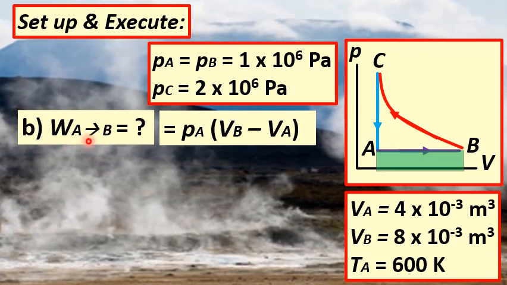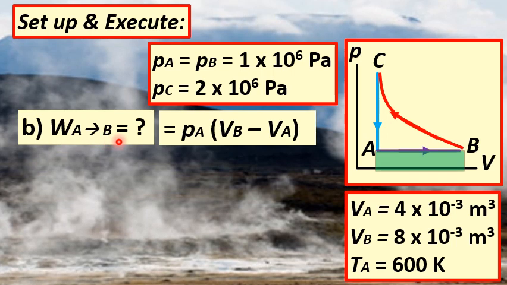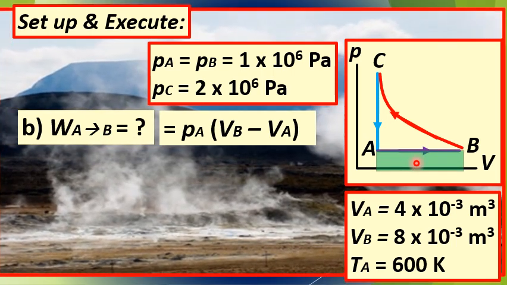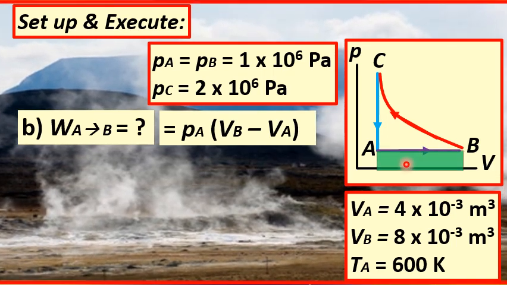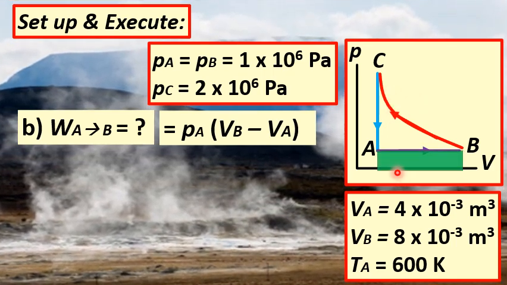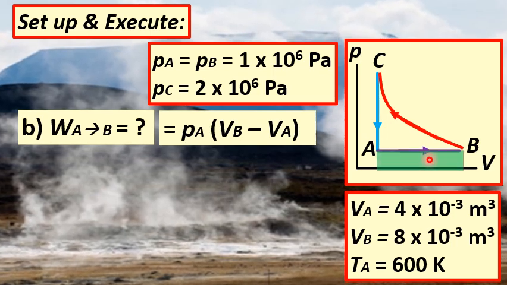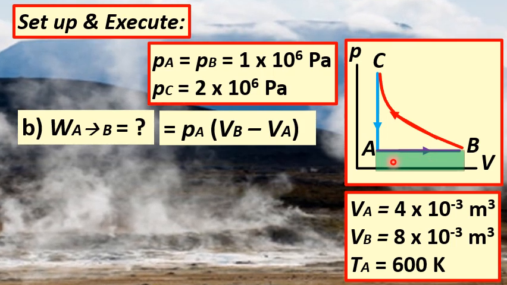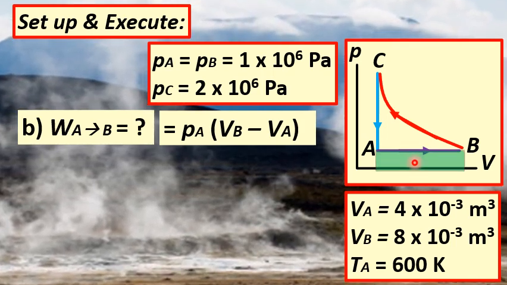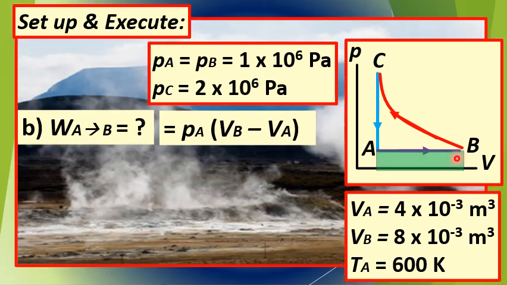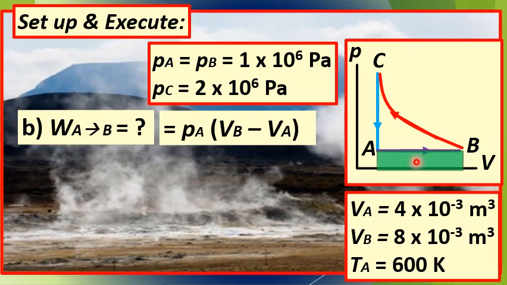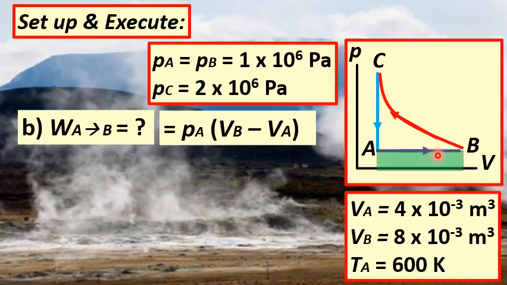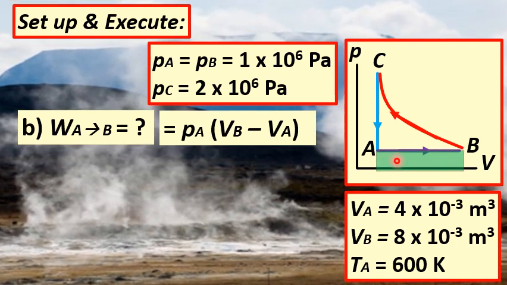Likewise, this amount of work done by the gas can also be represented graphically in this figure. The area of the rectangle shaded green would represent the amount of work done by the gas. And as we all know, the area of a rectangle is just the product of the length and its width.